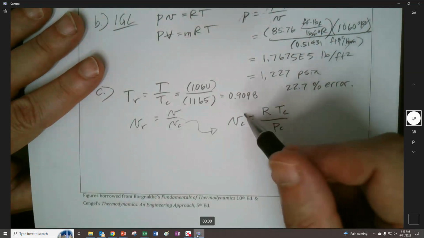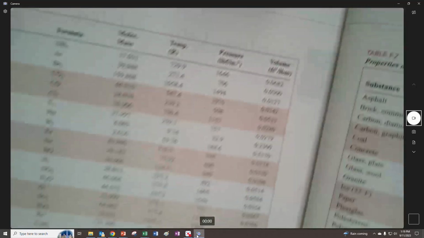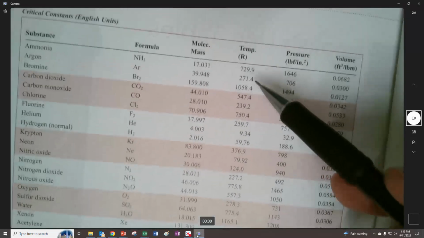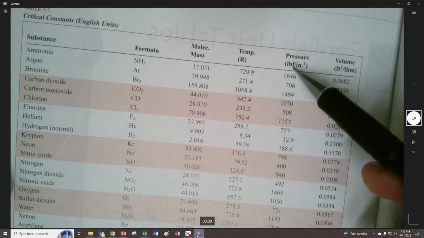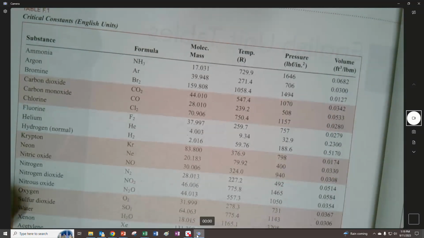Now you would think that this value would be the same one that you would get out of this table right here, this volume right here, because these are critical temperature and critical pressure. You'd think your critical volume would come out from that, but it's not the same.